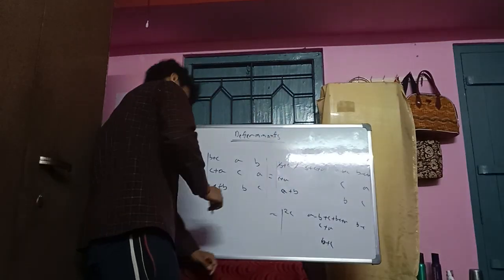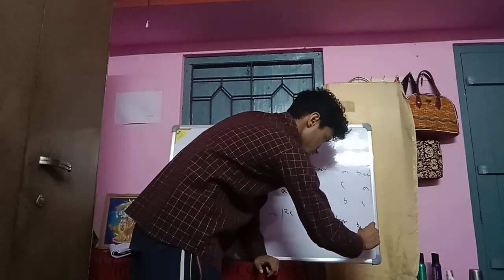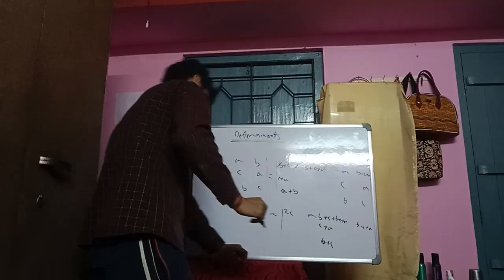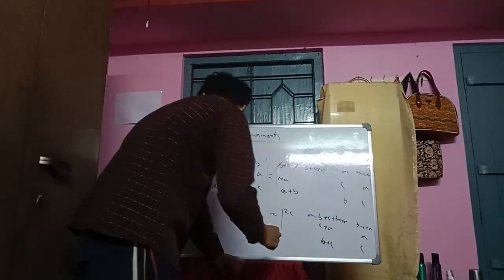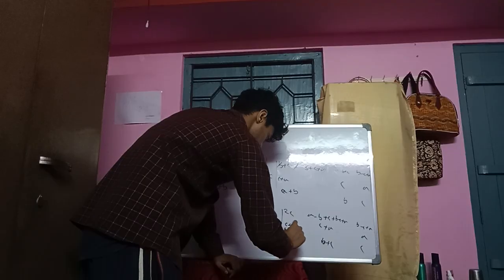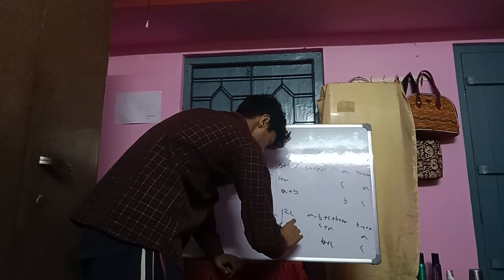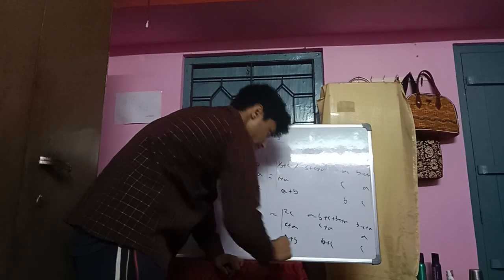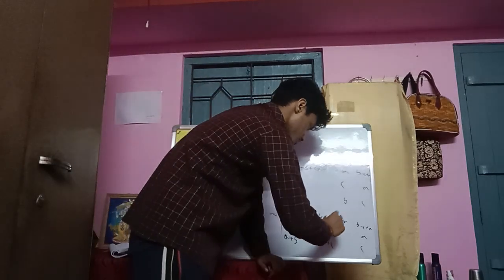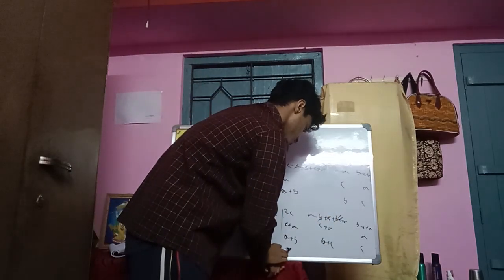B minus C plus A. AC. And these elements would remain the same, C plus A. And this one will become A plus B. You can cancel out B is here, C is here.